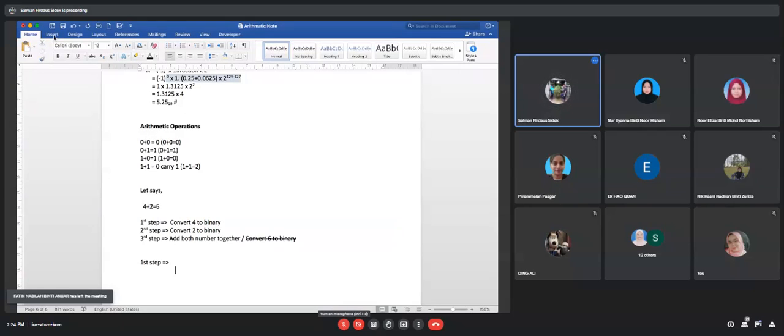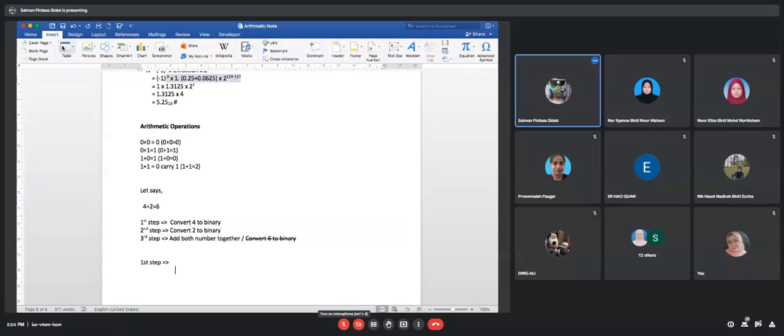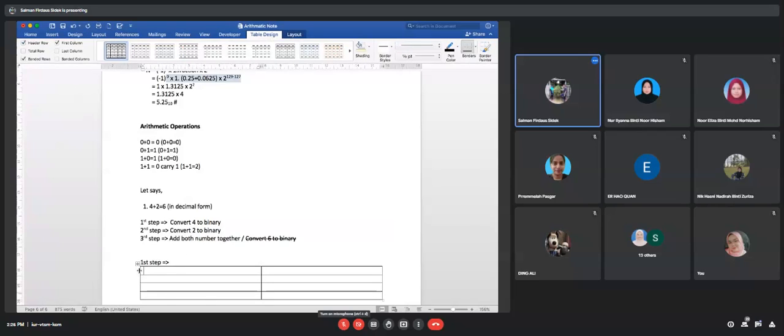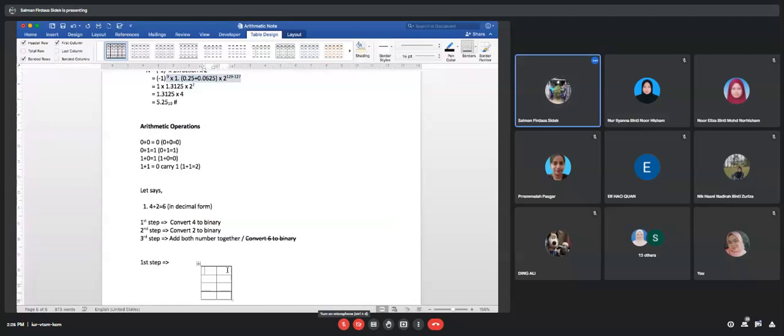What technique can we use? Divide 4 by 2.